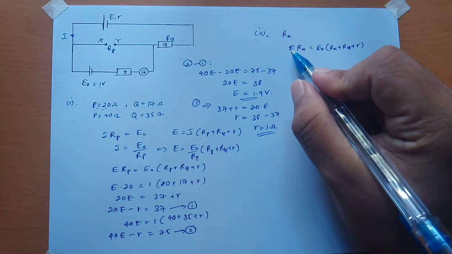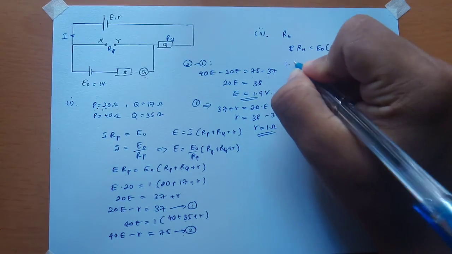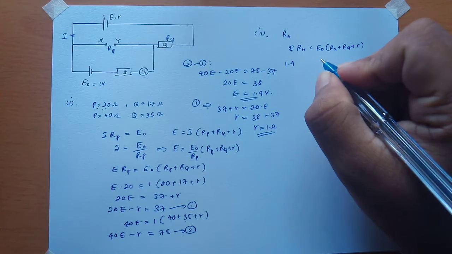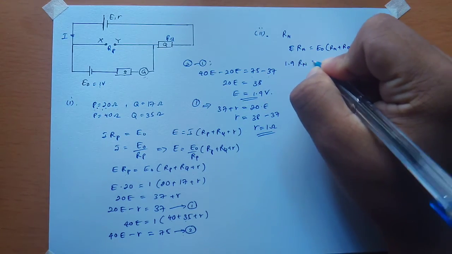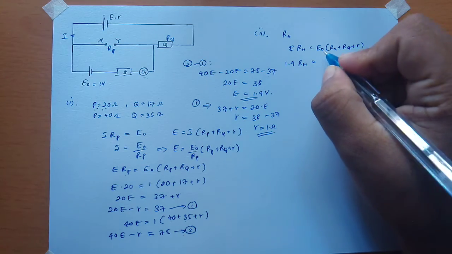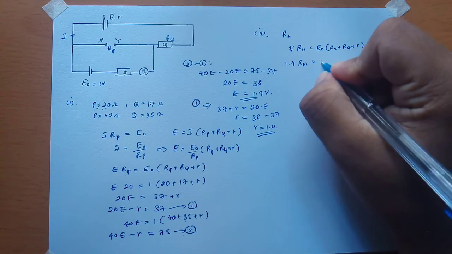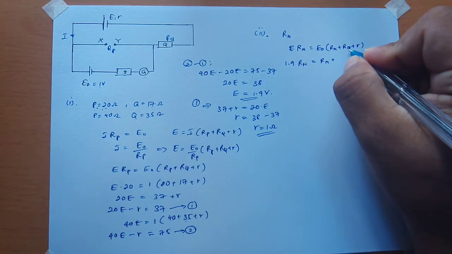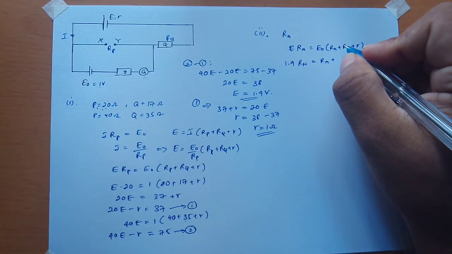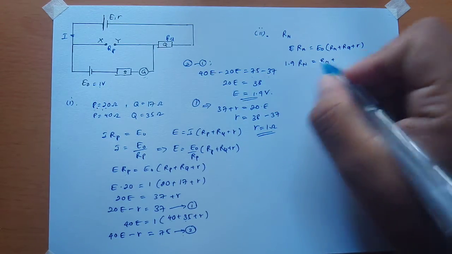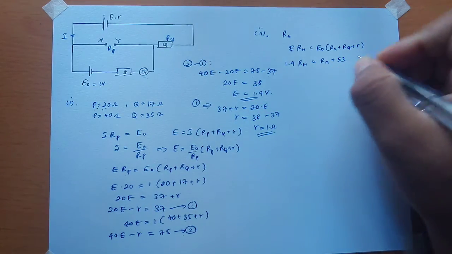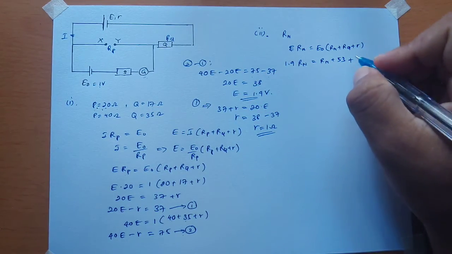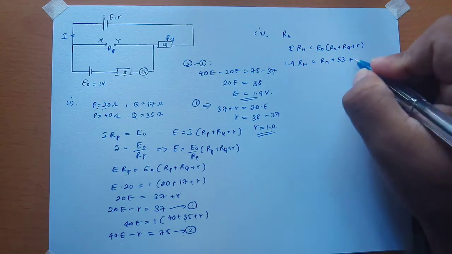So E, we found that value is 1.9, right? 1.9 into Rn is equal to E naught, which is 1, and then Rn plus Rq. The value of Rq is 53, because this balances when Q is 53, plus simple R, which we found is 1.